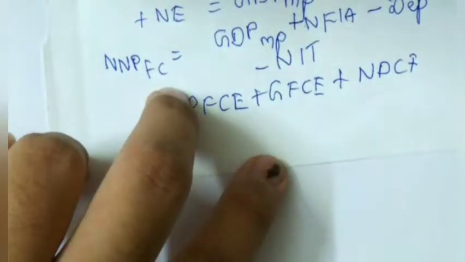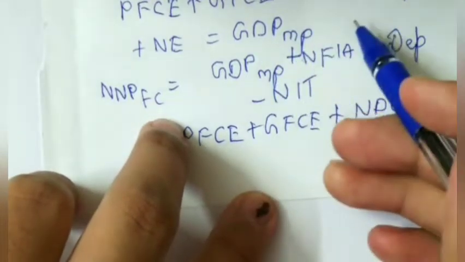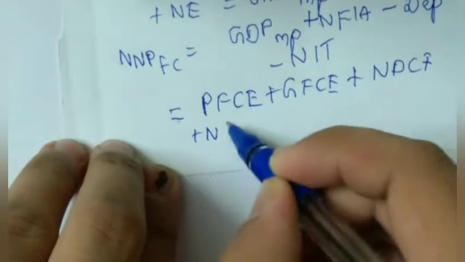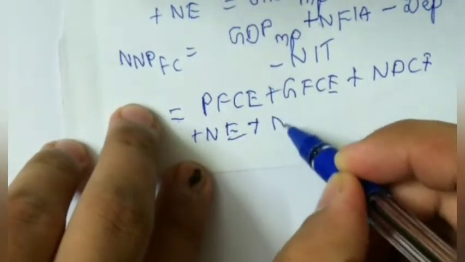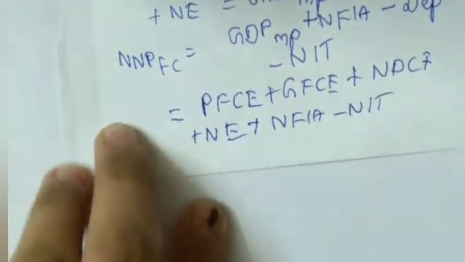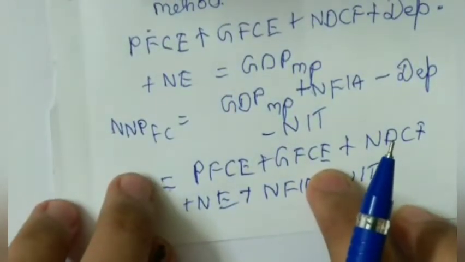We are not going to write depreciation because we are subtracting this depreciation here. Net domestic capital formation plus net exports plus NFIA minus NIT. This will be the formula for national income which we are going to use in this question.